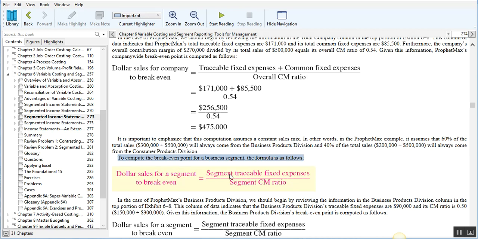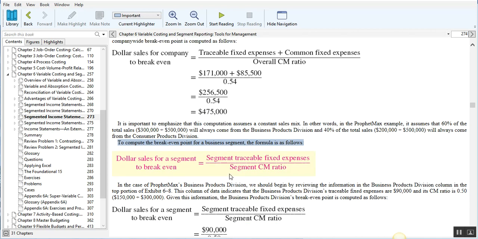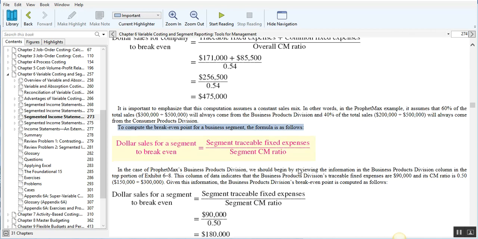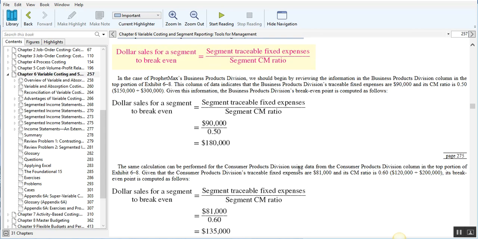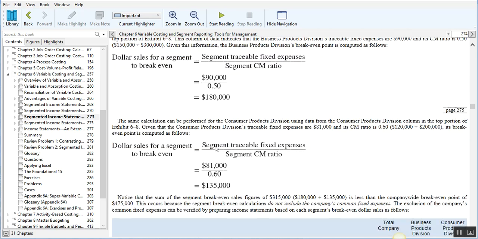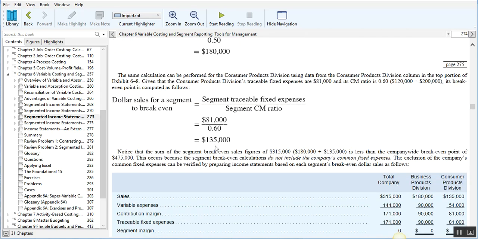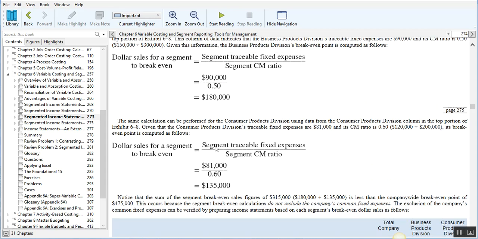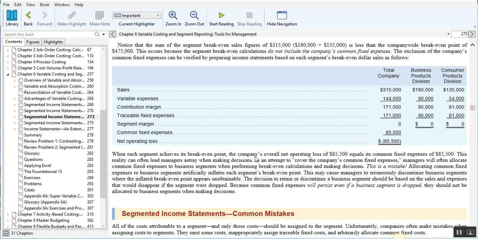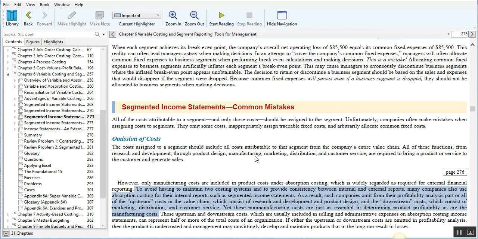We're only looking at the segment traceable fixed expenses divided by the segment contribution margin ratio. That's going to be different. We're going to show that here. This is our break-even analysis for a segment. So again, if we were looking for that break-even analysis, we're taking segment traceable fixed expenses divided by segment contribution margin ratio to calculate it.